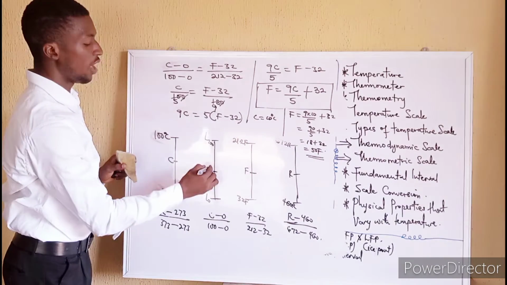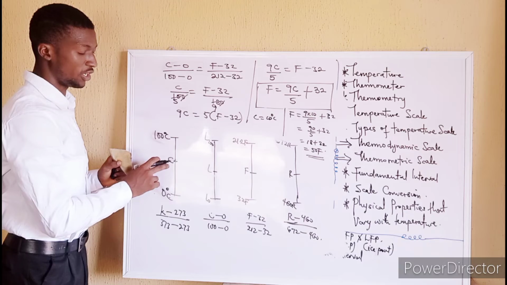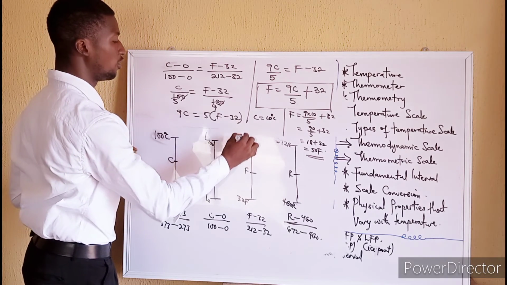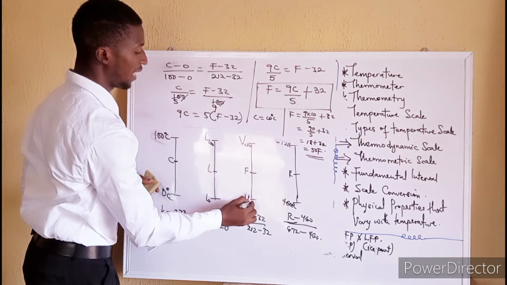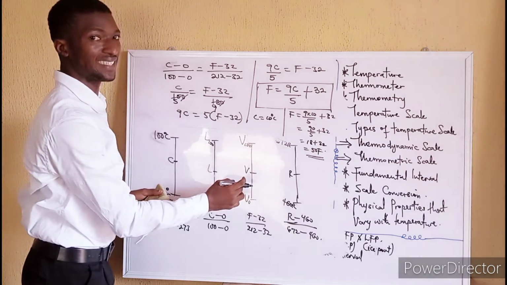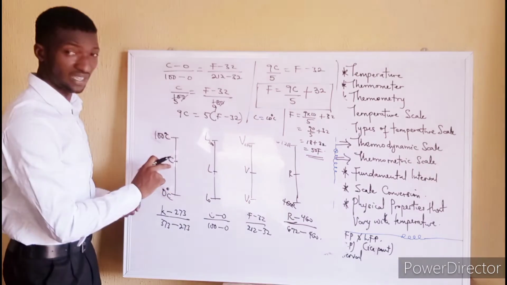So here we also have the volume at 100 degrees Celsius, and this can be the volume at 0 degrees Celsius. And at this point you have the volume attained when the body is heated to this particular temperature.